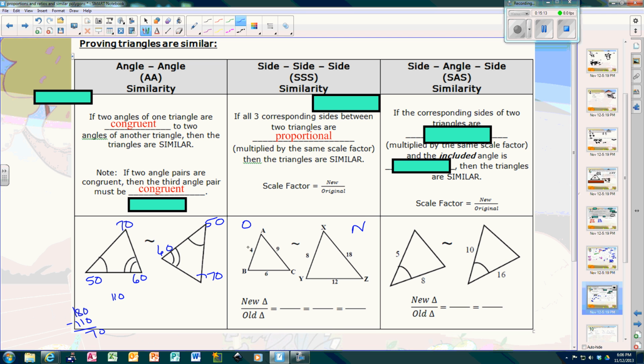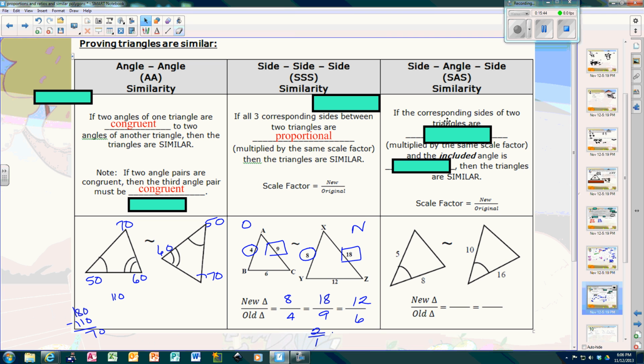So let's say I'm going to pair the 4 with the 8, new over old. Pair the 18 with the 9, new over old. And then pair the 12 with the 6, new over old. Every one of these fractions reduces to 2 over 1. So my scale factor is 2, as it should be because it got bigger.